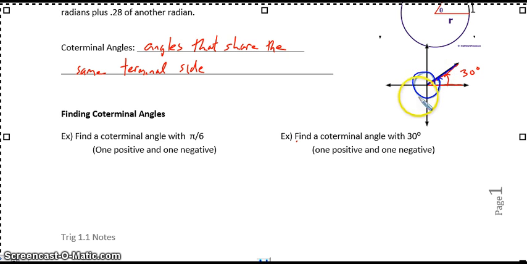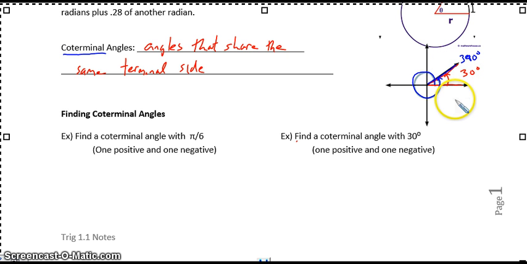Since all the way around is 360 degrees, plus then I went 30 degrees past 360, we would say that this is 390 degrees. 360 plus 30 degrees makes 390. So 390 and 30 are two different angles, but they're considered coterminal because they're both sharing the same terminal side. So that's what a coterminal angle is.